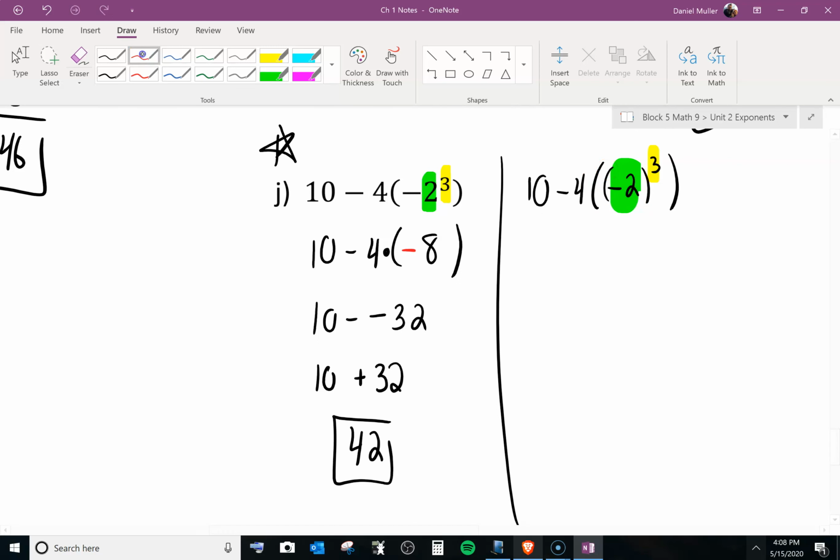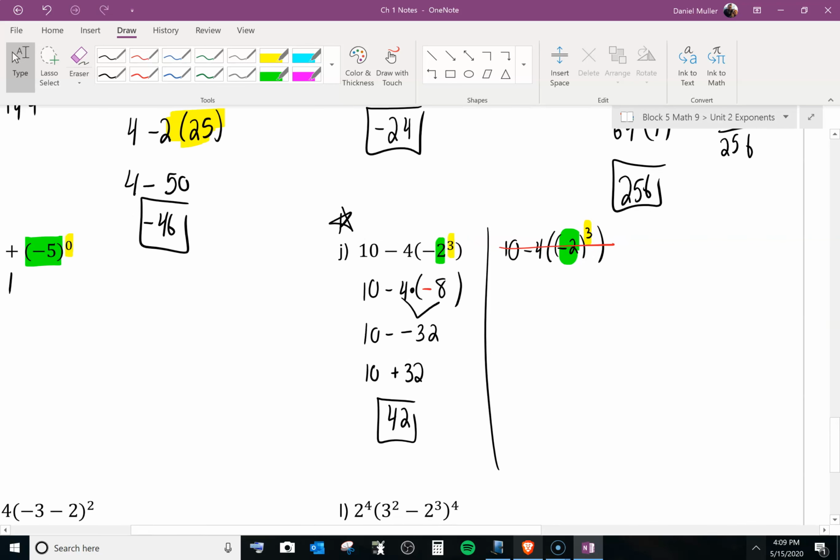But that's not what I did. Instead, what I did is I said, okay, we're going to have 2 as the base, and we're going to do it 3 times. 2 cubed is 8, and there's a negative that just comes on down here. And then I've got 4 times negative 8. 4 times negative 8 is negative 32. And then 10 minus negative 32 is the same as 10 adding 32, which is 42. So that's a very tricky question.